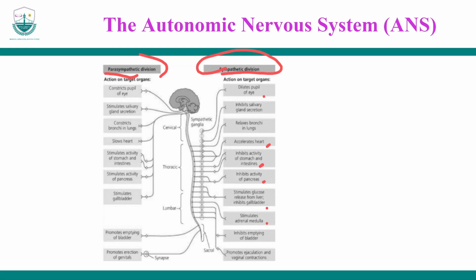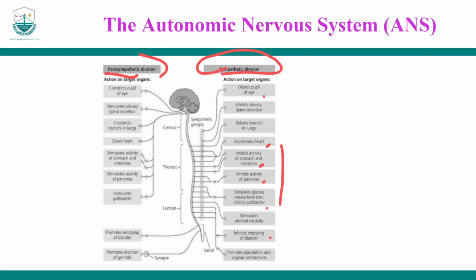The catecholamines include adrenaline, which actually contributes to all the things here. You will have noradrenaline and adrenaline contributing to all these effects. So if they ask you the effects of adrenaline, give us the effects of the sympathetic nervous system.